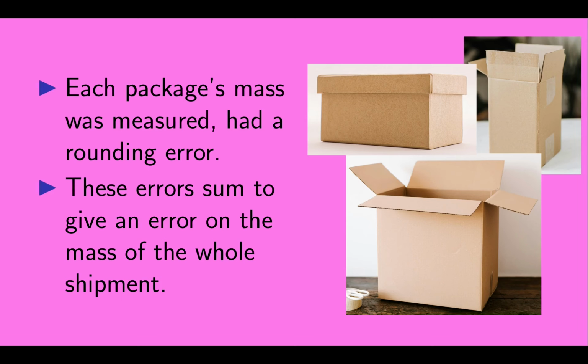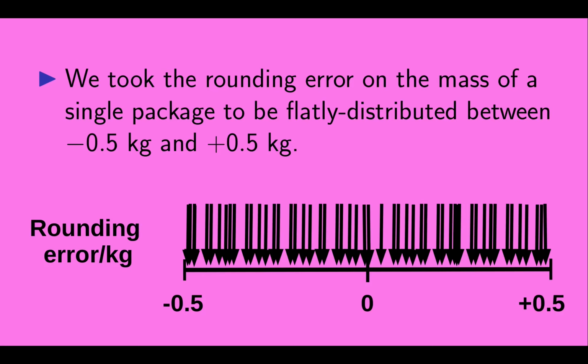The rounding errors on the individual packages sum to give an error on the mass of the whole shipment of n packages. We took the rounding error on the mass of a single package to be flatly distributed between minus 0.5 kilograms and plus 0.5 kilograms.